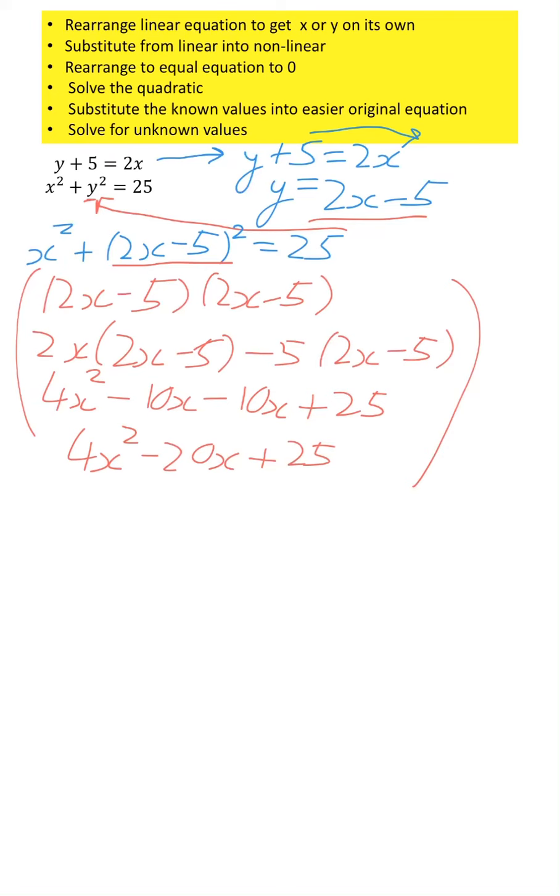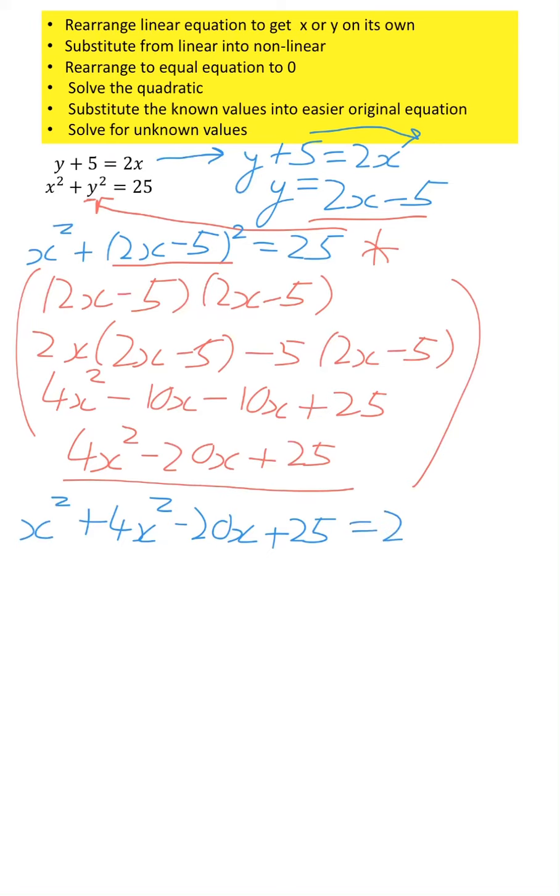So let's put that now back in to this step. So we have x squared plus now 4x squared minus 20x plus 25 equals 25. Now we can do some simplifying here. So x squared plus 4x squared, that would be 5x squared.